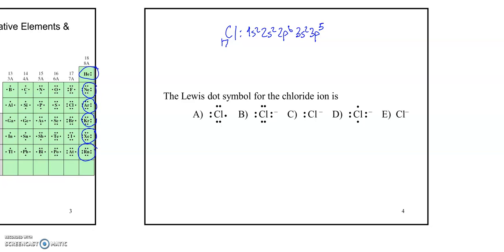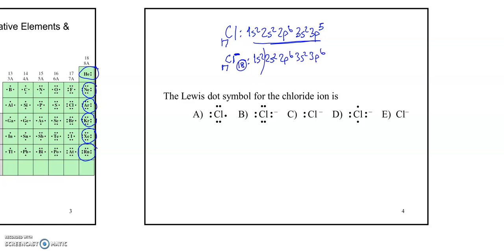But here, the question is asking not chlorine, it's asking for the chloride, right? So for chloride, how many electrons do we have in total? We have 18 electrons, right? Gained 1 electron. These numbers right here, they are electrons. If you have an atom which has 17 protons and electrons and gains 1 electron, you'll have 18 electrons. So you'll work with 18 electrons now. 1s2, 2s2, 2p6, 3s2, and 3p6.